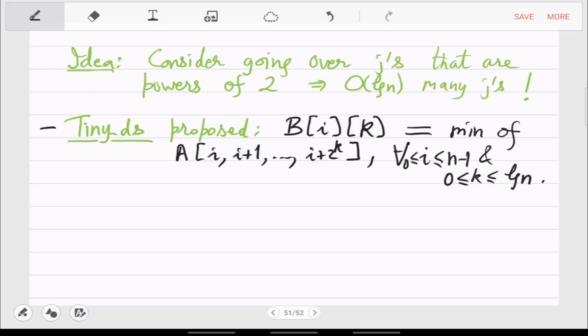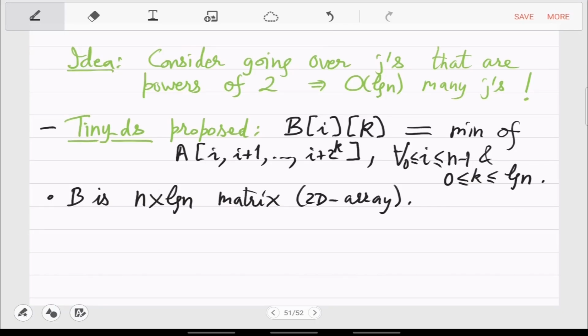So B is an n cross log n matrix or 2D array. This is still significantly smaller space requirement than n square. This is only n log n, so it's almost linear.